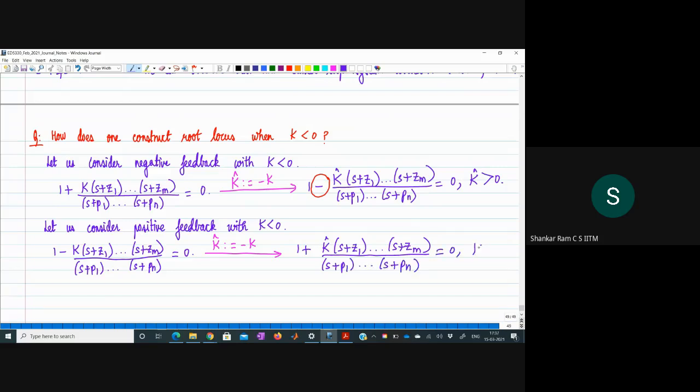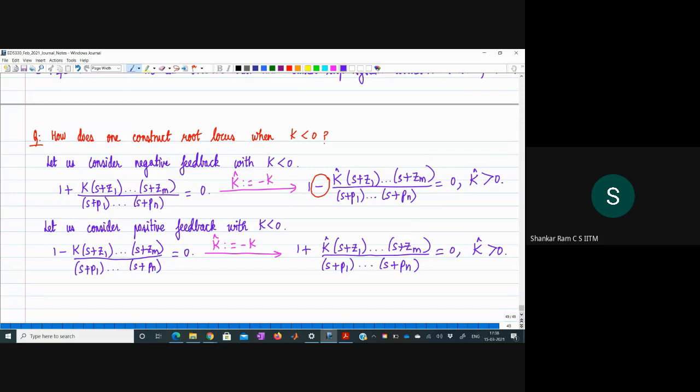But now k hat is greater than 0. So this is a pseudo negative feedback system with a positive k hat.